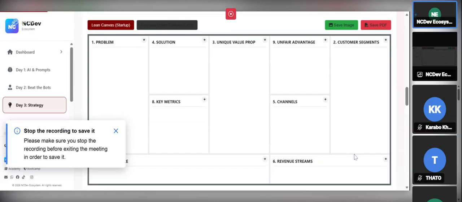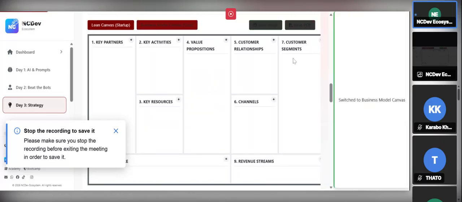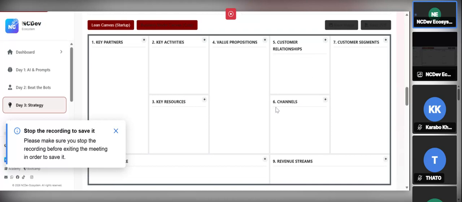It's built from nine building blocks. The lean canvas for startups is actually derived from what we also know as the business model canvas.